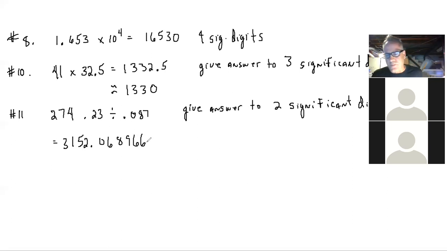All right, that's what pops up on the calculator. All right, but I'm only wanting to give my answer to 2 significant digits. So I'm going to round this to basically 3,200 so that I only have 2 significant digits. Questions on that one?